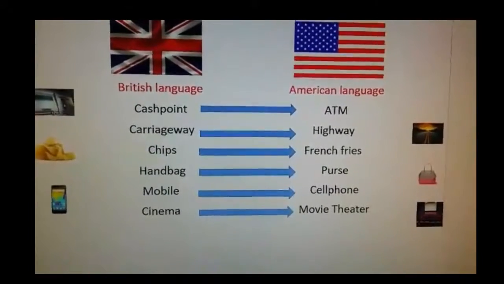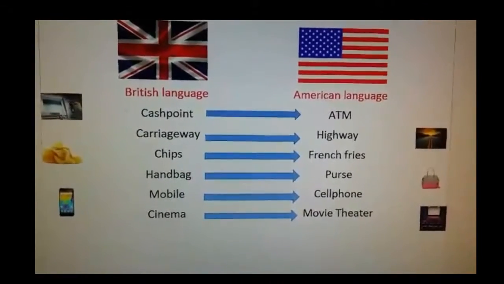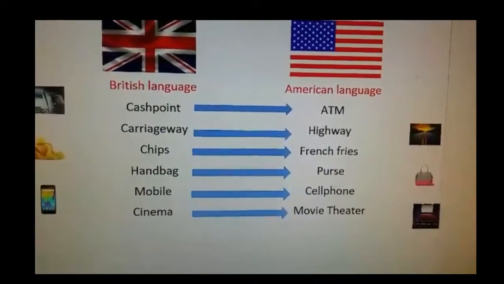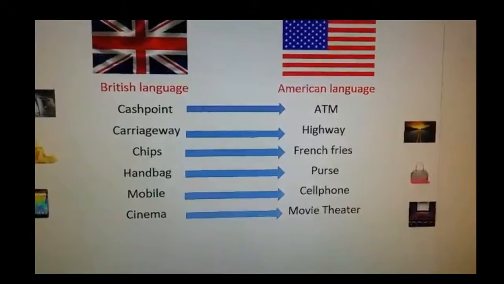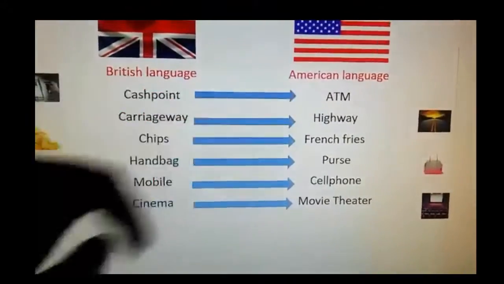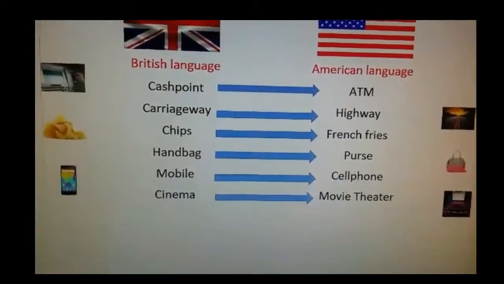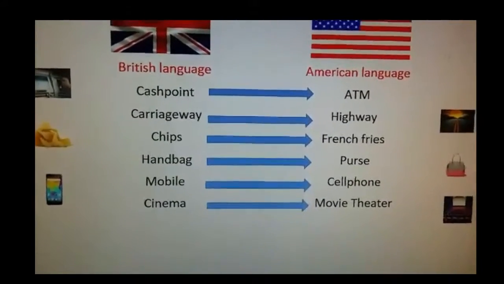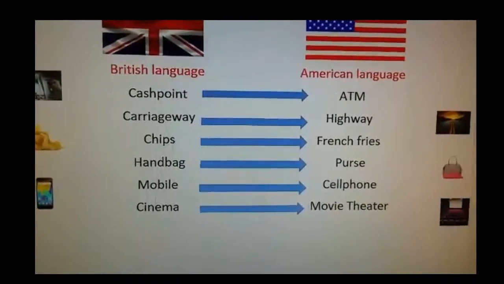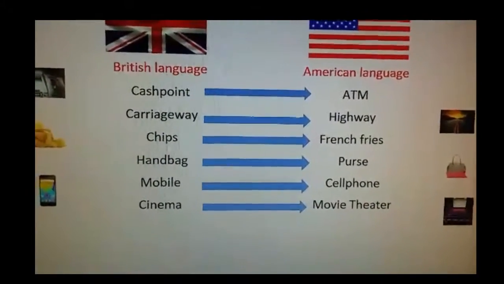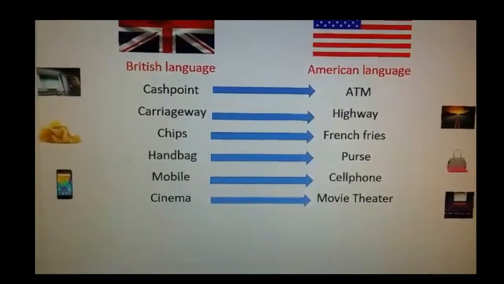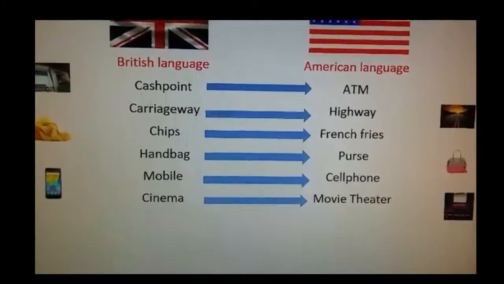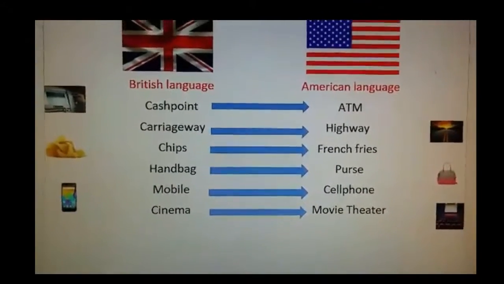For example, British people say cash point, but American people say ATM. For example, British people say carriageway. On the other hand, American people say highway. In British English they use chips, and Americans use French fries.